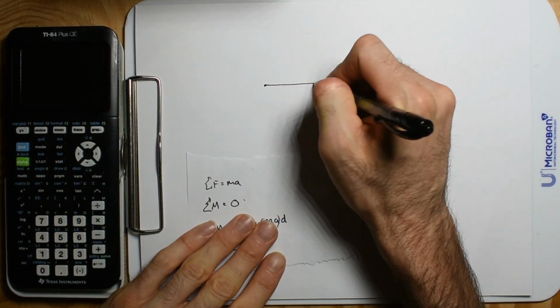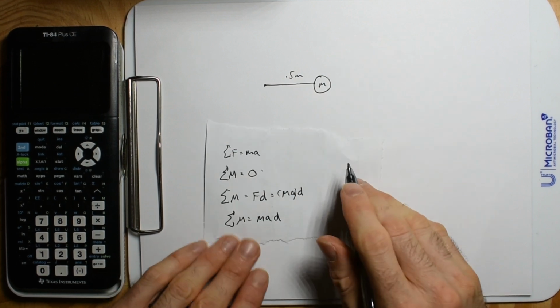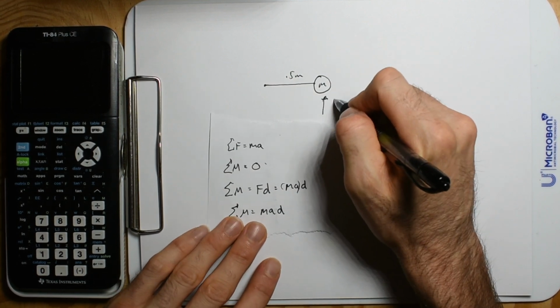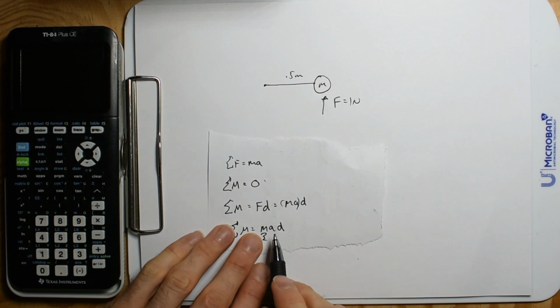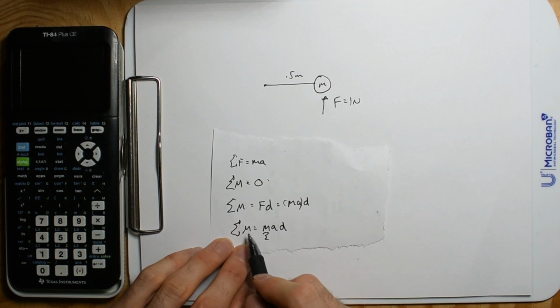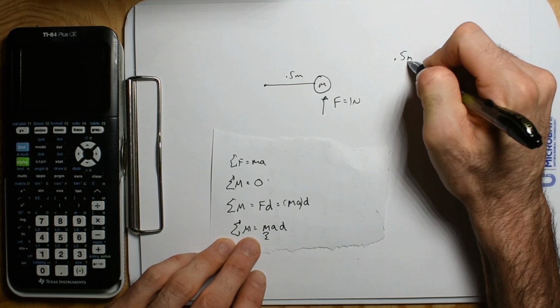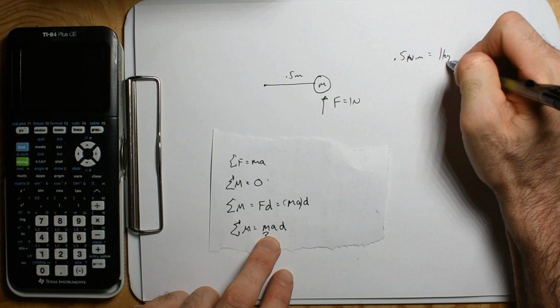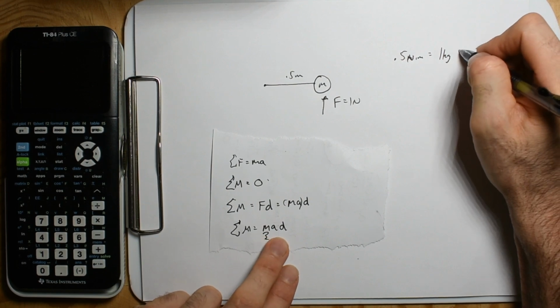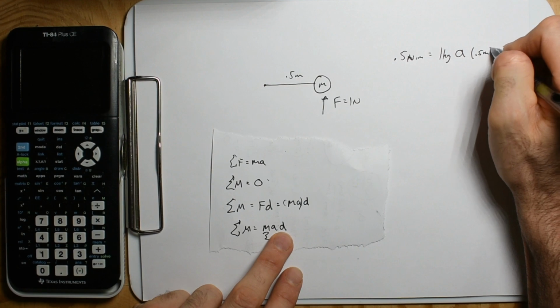Because we took a very simplified mass, 0.5 meters, and what did we say? We said we had a force of 1 Newton, and so we've identified the sum of the moment side was going to be 0.5 Newton meters, and then we're going to say that's equal to 1 kilogram times acceleration times that distance of 0.5 meters.